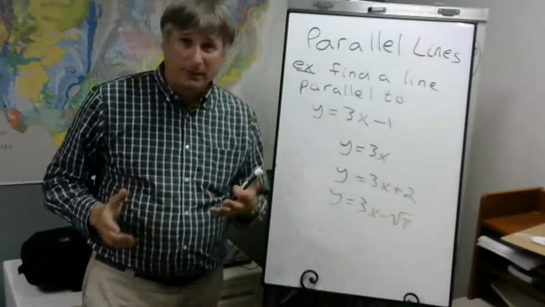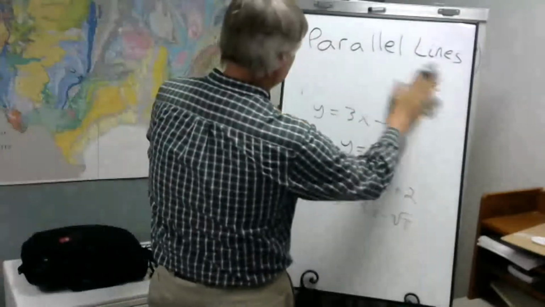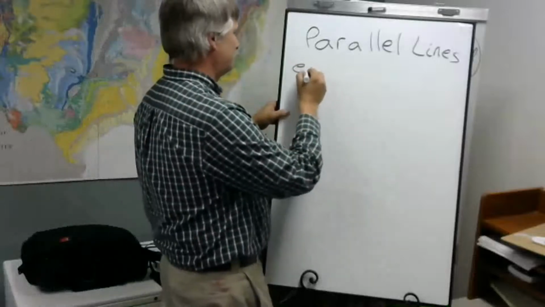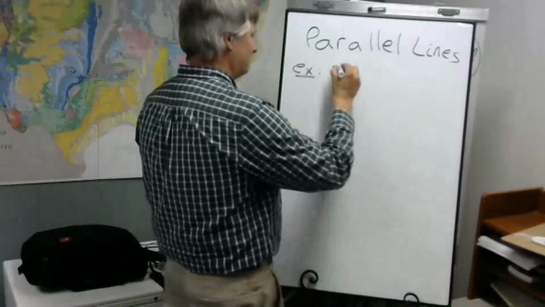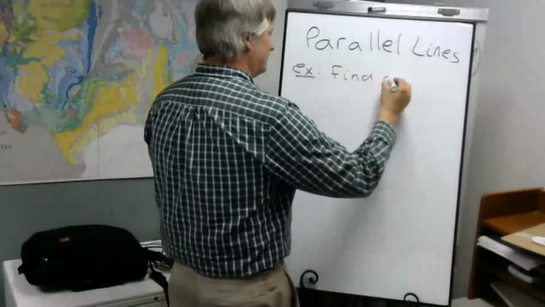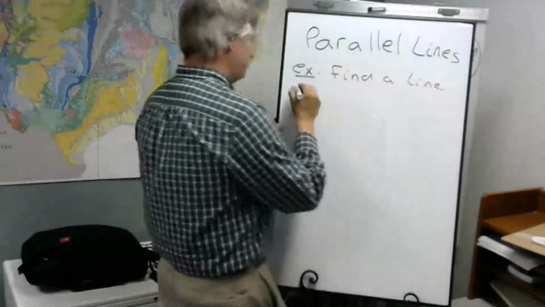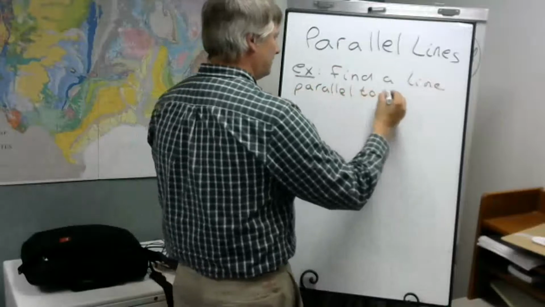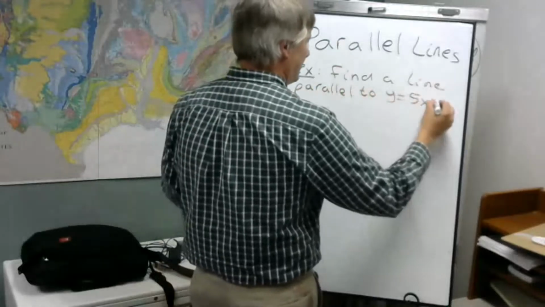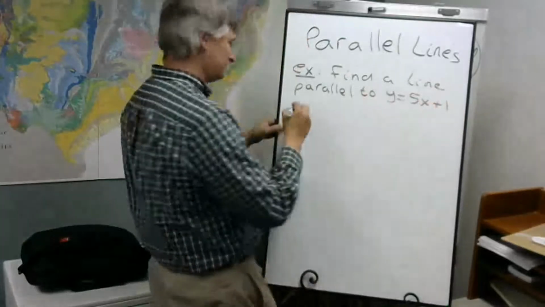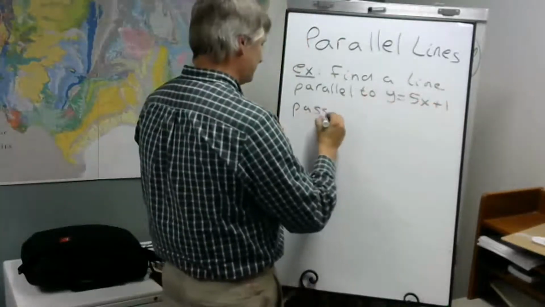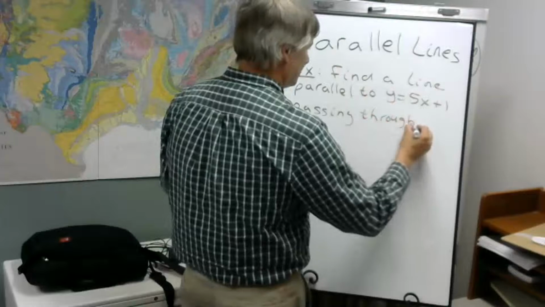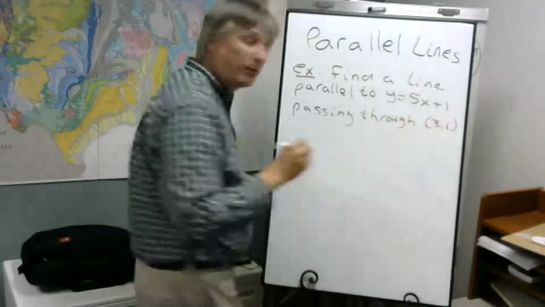Now, another kind of question we'll get is this. Find a line parallel to y equals 5x plus 1, excuse me, passing through the point (3, 1).